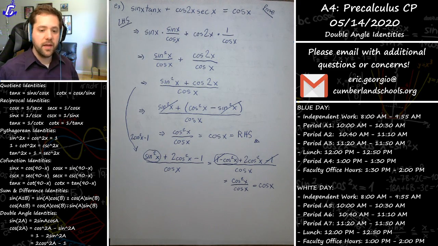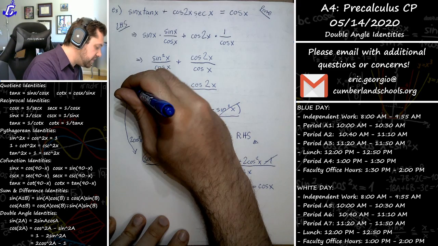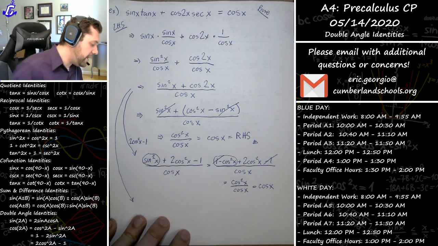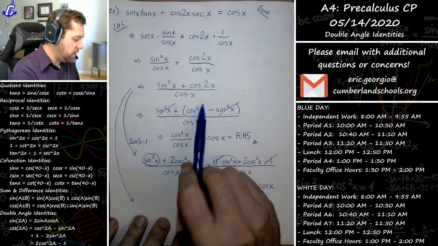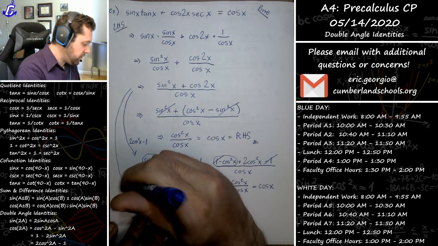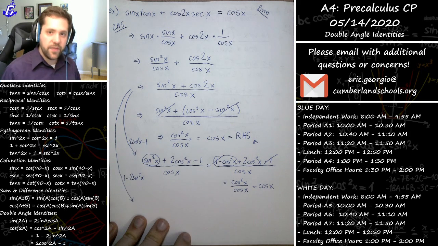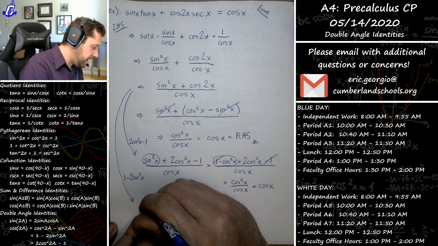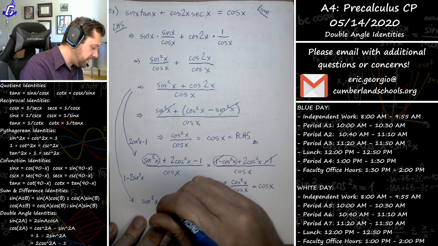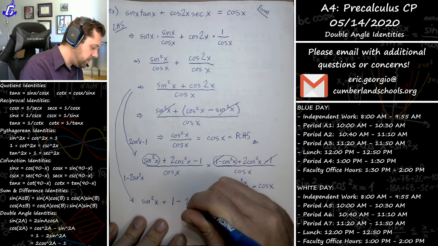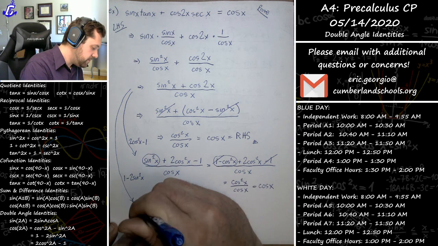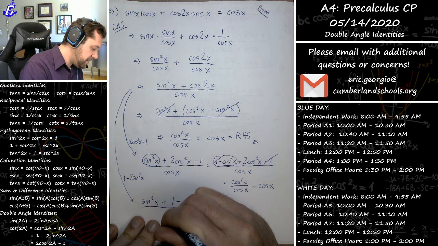Okay? Lastly, we most certainly could take something like this, and instead of replacing it with this one or this one, we could replace it with the last one. What if we replace it with 1 minus 2 sine squared of x? Well, then it would look like this. We'd have sine squared of x plus 1 minus 2 sine squared of x all over cosine of x.